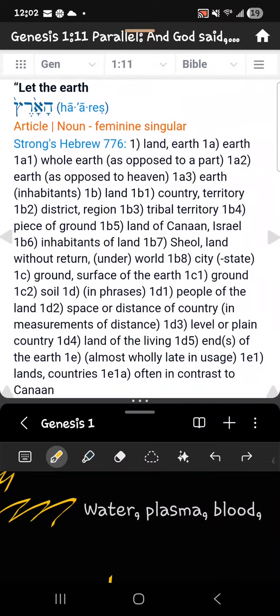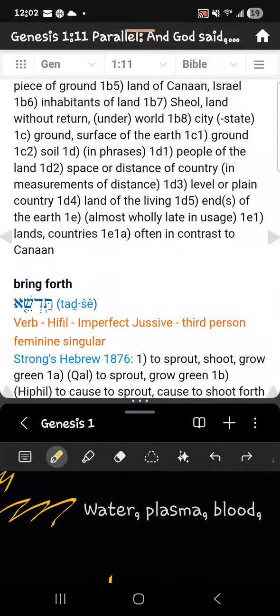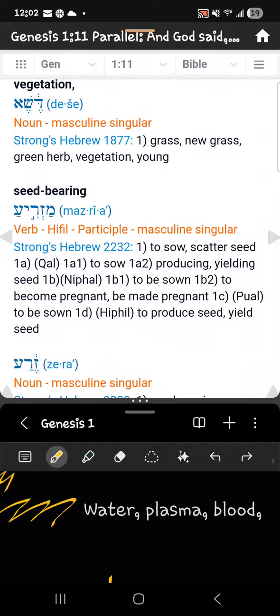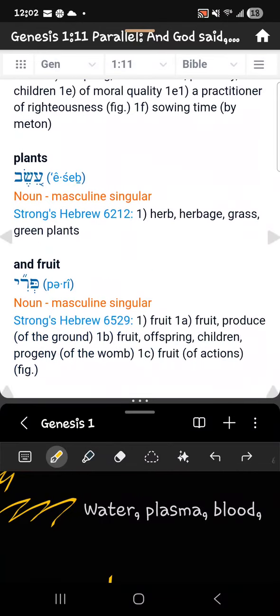Allah Hayam said, let the earth bring forth vegetation. Okay. Ha'aratz thadasha'a dasha'a, madza raya'a, from because like ma zaraya'a, which is seed bearing. Zara, which is seed. You see, ma is from, okay?